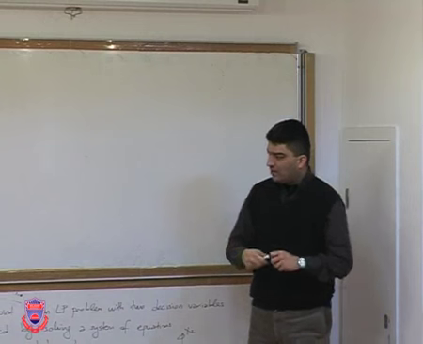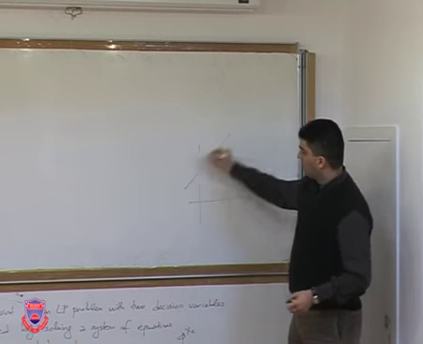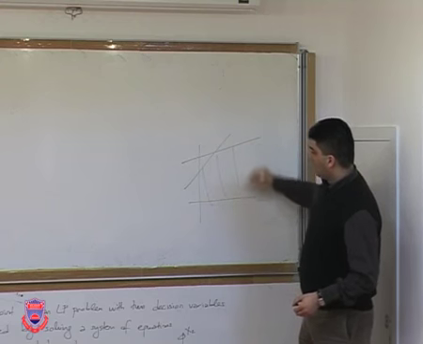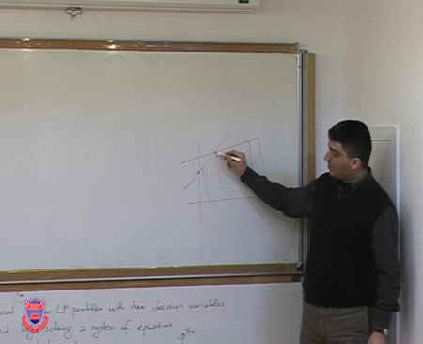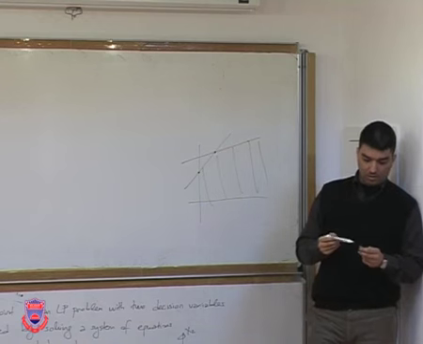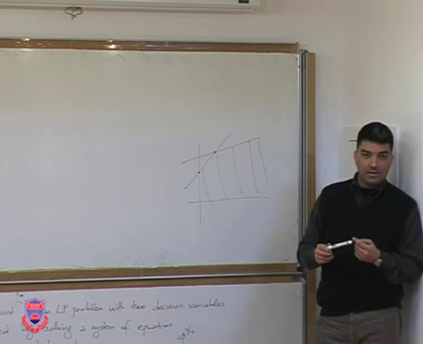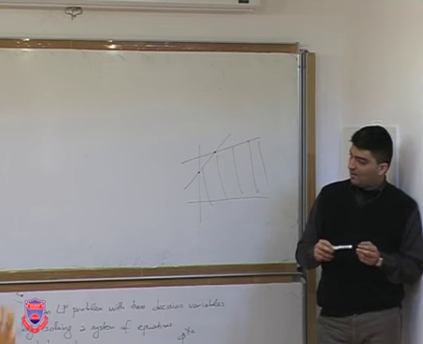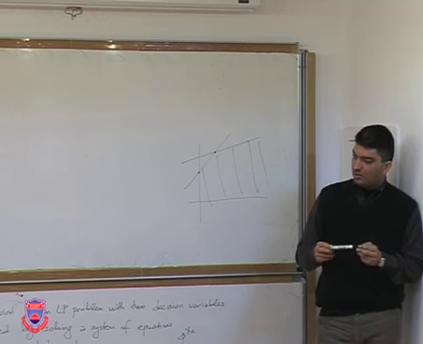That's true, but we have seen examples such as this one, which is also an unbounded feasible region, but there are corner points. For example, these are corner points. Constraints are parallel to one another. That's true.